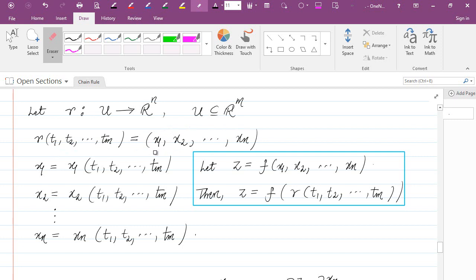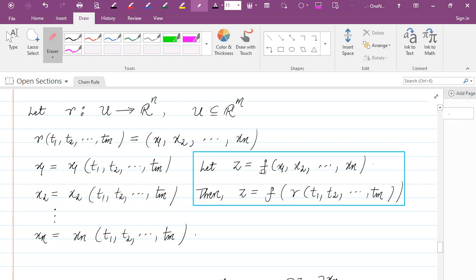So we can think of the first component of the value of R, x1, as a real valued function of the input variables t1 up to tm. Similarly, x2 can be thought of as a real valued function of the variables t1 to tm. Xn is a function of the variables t1 up to tm.